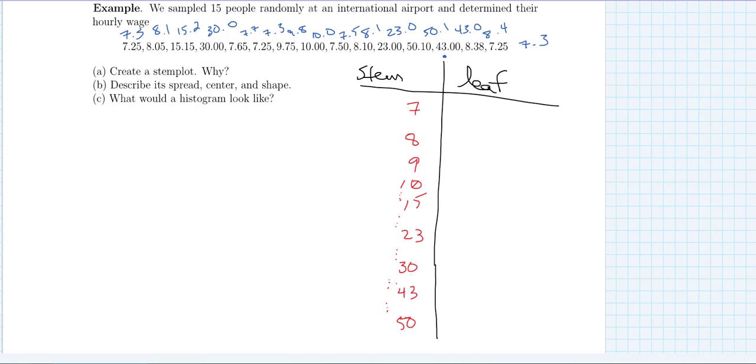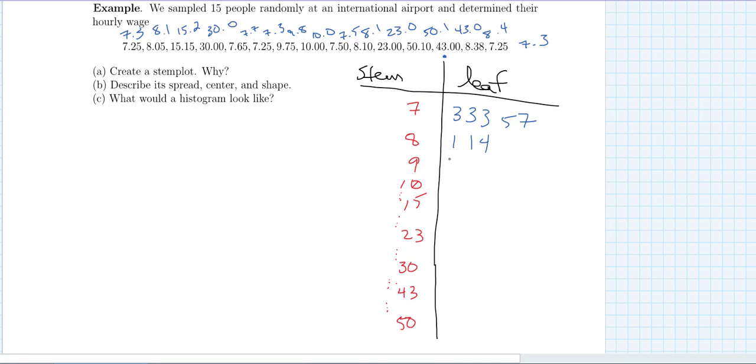Alright, and we already said that the leaf is going to be the very last digit, so the one digit to the right, and so what do we have for that digit? Well, under 7 we have 3, 3, 3, 5, 7. Under 8 we have 1, 1, 4.